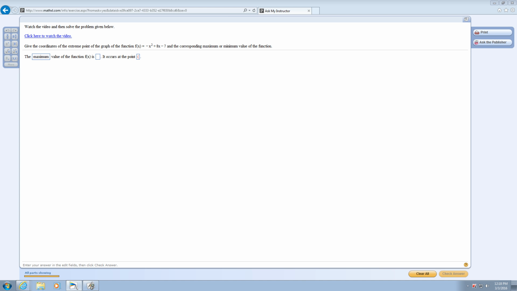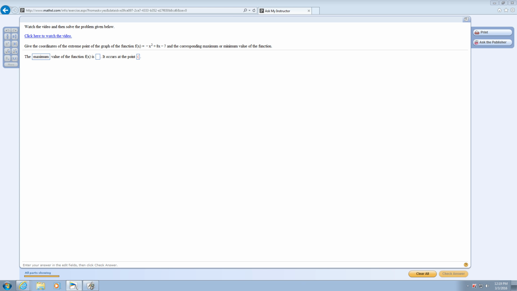Okay, our vertex is 4 and 9. Our y-intercept is negative 7. And that's going to divide by negative 1.